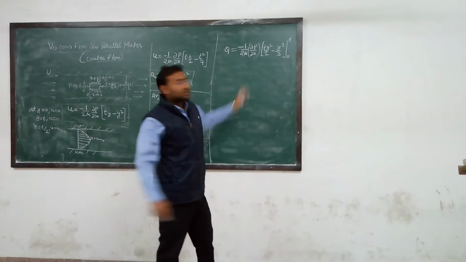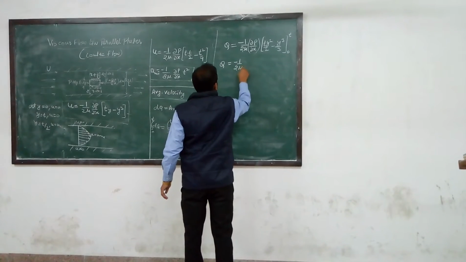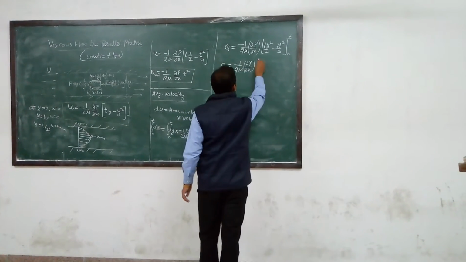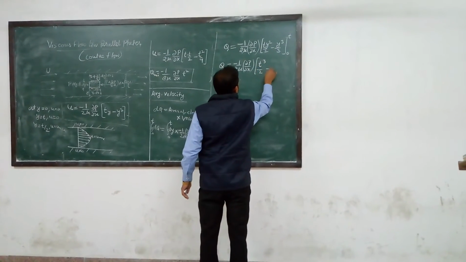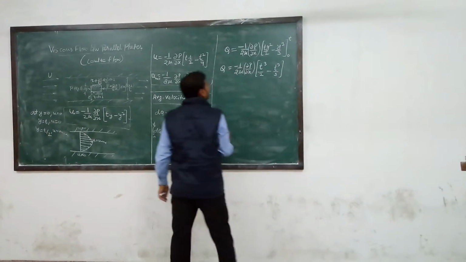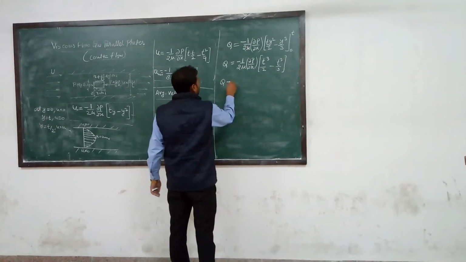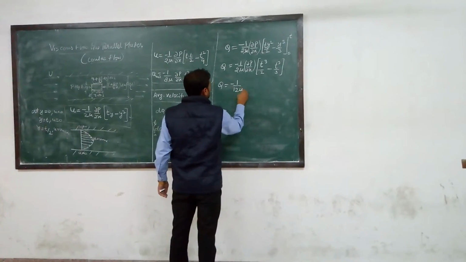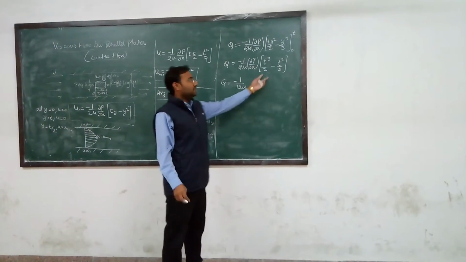Put the limits in this integration, we get -1/(2μ) ∂p/∂x (t³/2 - t³/3). After solving it, 6 will be the LCM of this.